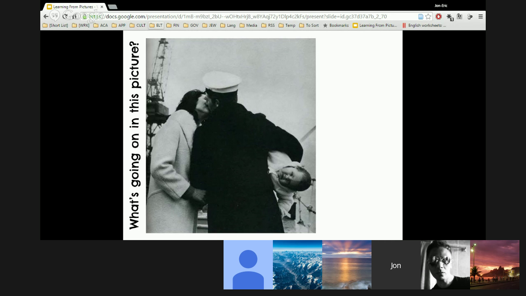Possibly because the man is saying goodbye to the woman because he is going to a war. Okay. I see a baby too. The baby is in a horizontal position.